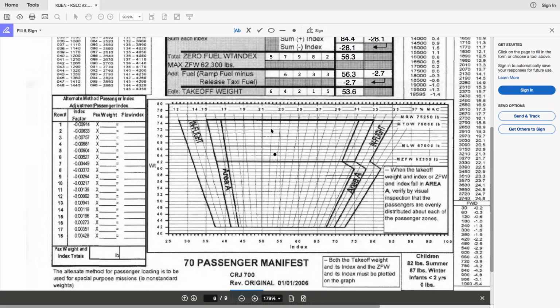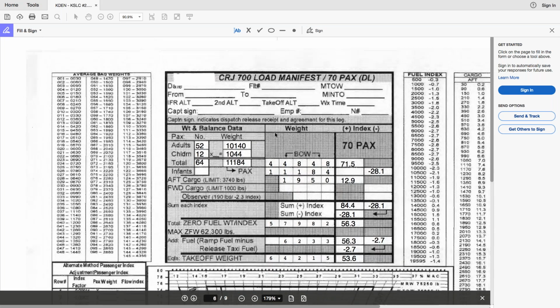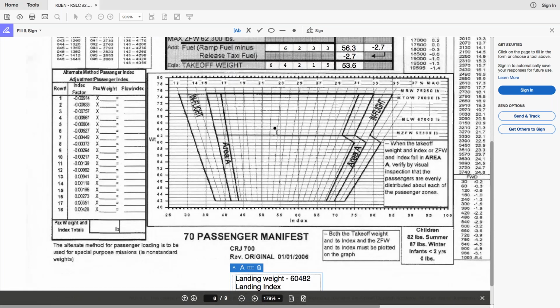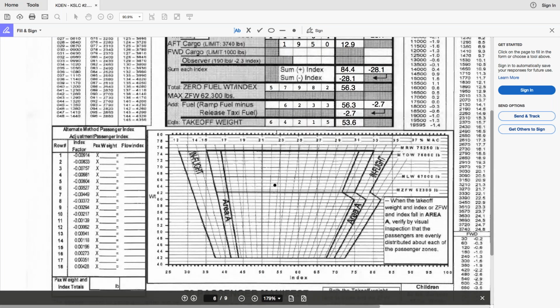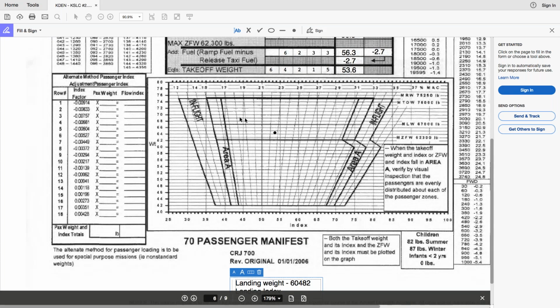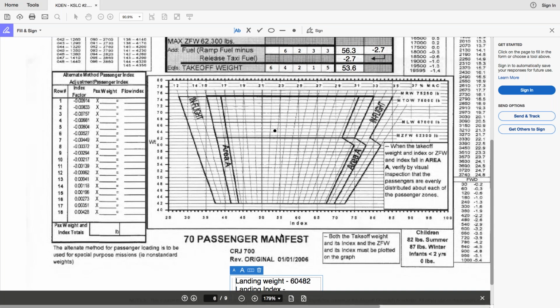This is more for reference. 1233 was our burn. More information, the better, right? So if you're kind of on the border, it's good to always run your landing index just to make sure you're staying in CG.